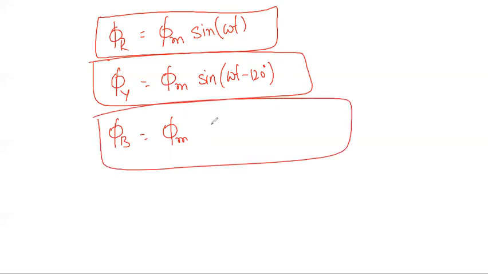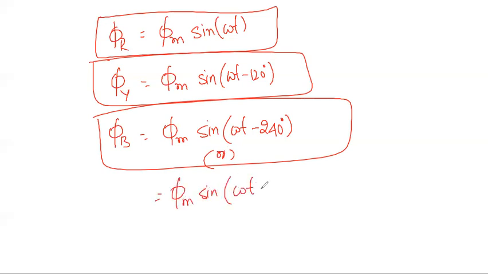And for B phase, I'll be having sine of omega t minus 240 degrees that is being present. Or I can write this one to be phi m sine of omega t plus 120 degree. So minus 240 degree can also be written as plus 120 degree.